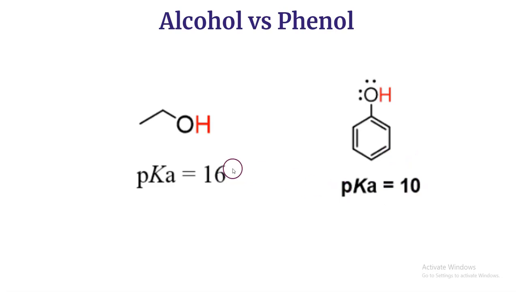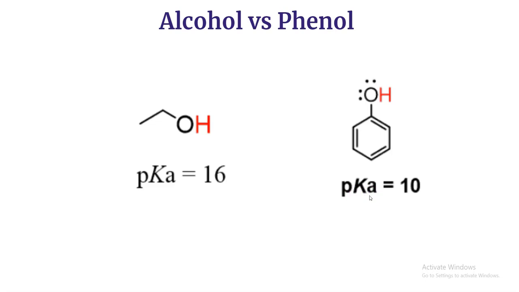What does that mean? What does a higher pKa versus a lower pKa value mean? Whenever your pKa value is higher, that means the acid dissociation constant, Ka, is lower. That means the substance is less acidic. Okay? If the pKa value is lower, that means the corresponding Ka value is higher.